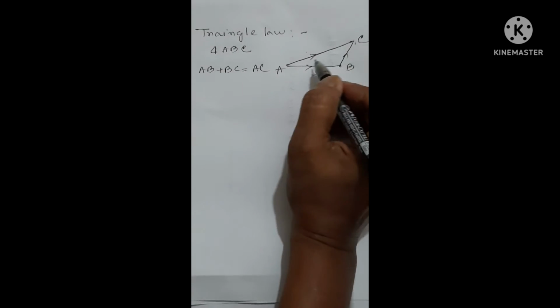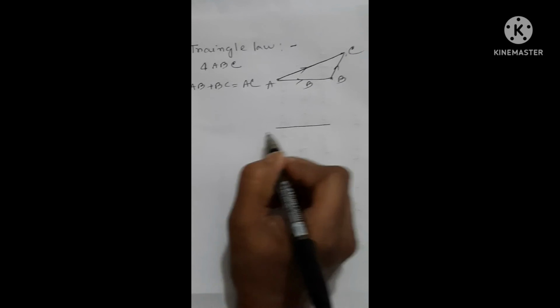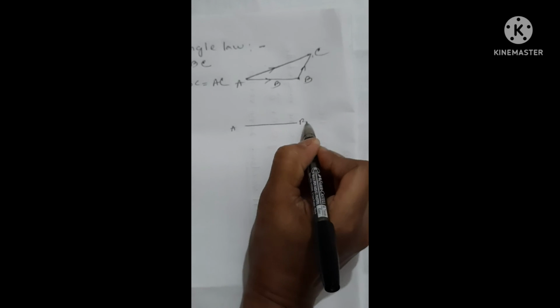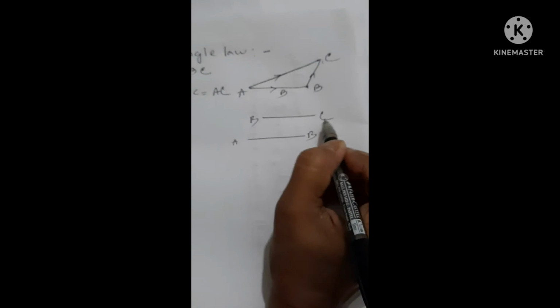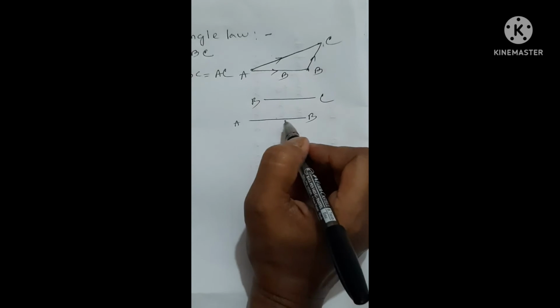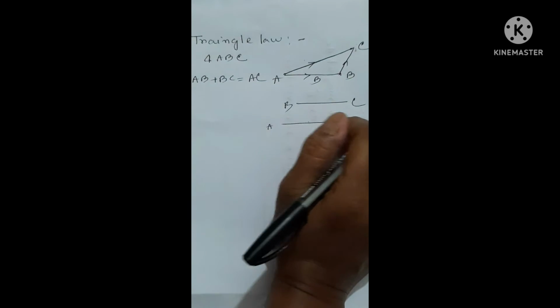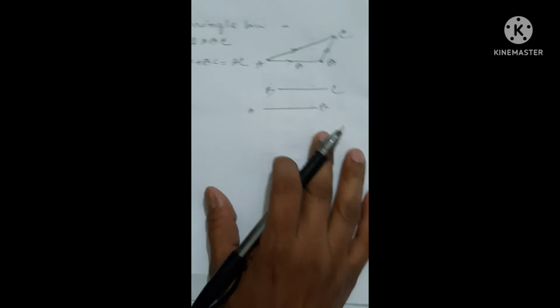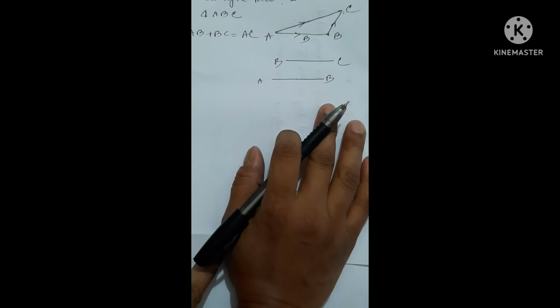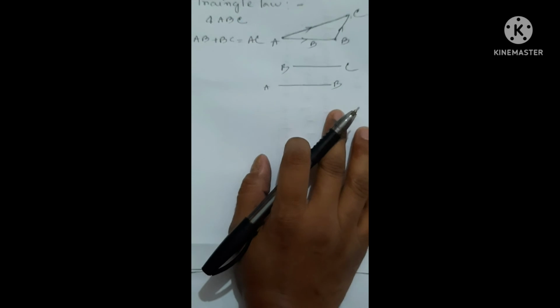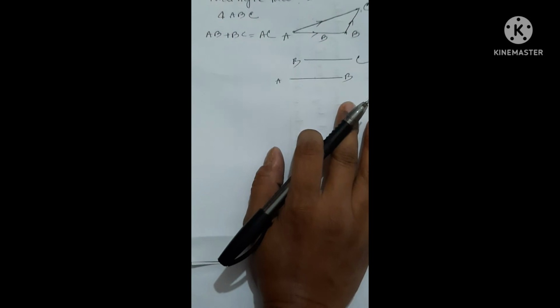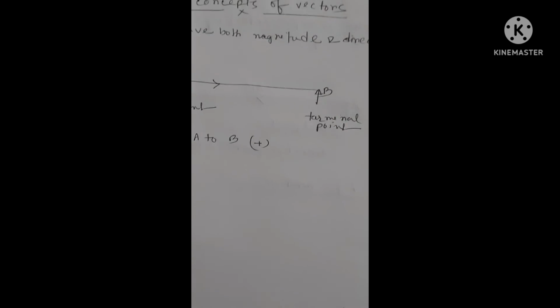Two vectors, that means one line AB and BC. When two vectors A and B are added, the resultant vector A plus B goes from the start of A to the end of B. This is sometimes called the triangle law of vector addition.